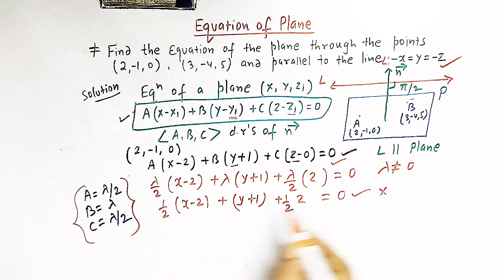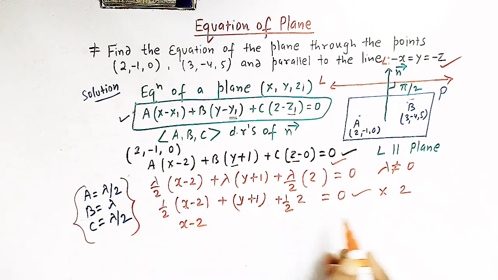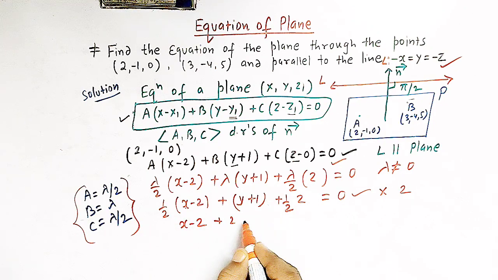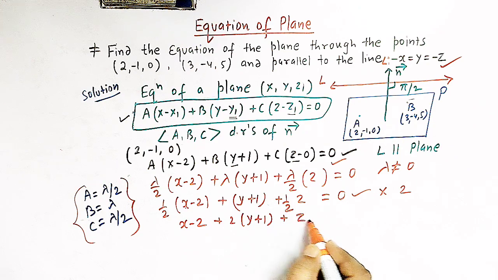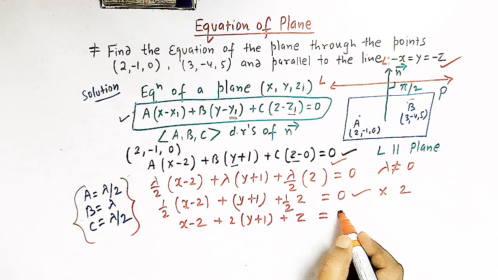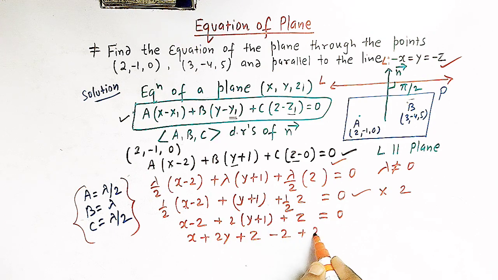Now multiplying this equation throughout by 2, the 2 in x minus 2 gets cancelled, and here we have 2 times y plus 1, and here the 2 gets cancelled, so we have simply z, and this is equal to 0. So we have x plus 2y plus z, and here we have minus 2 and plus 2, and this is equal to 0.